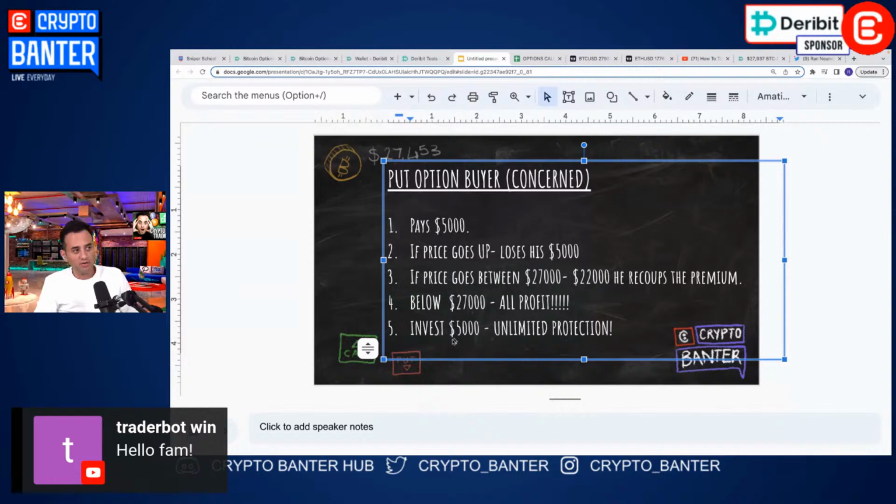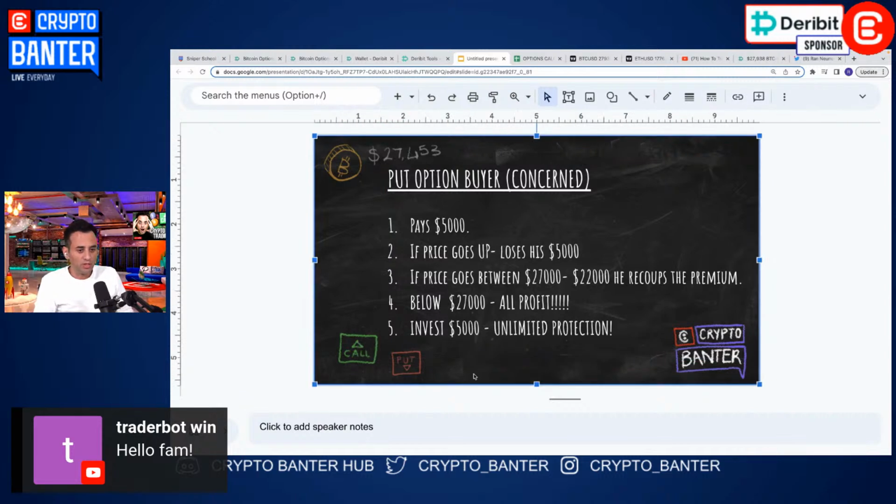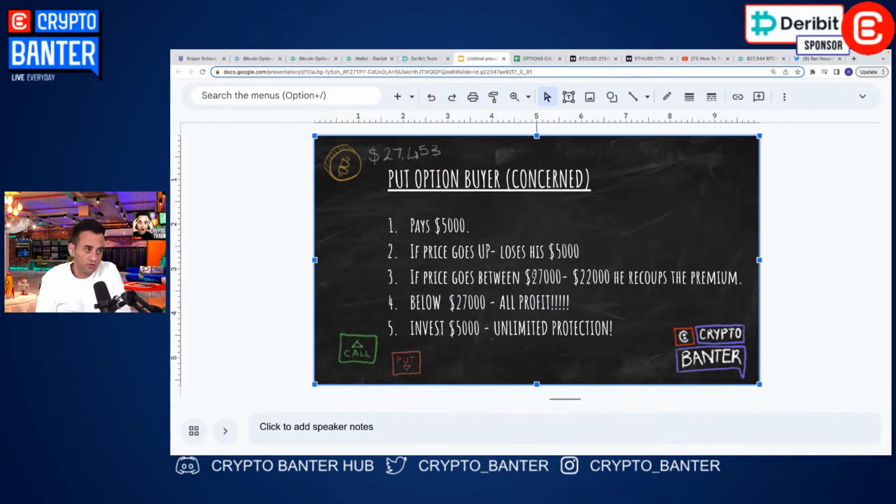So what happened here is, if you invest $5,000, you get unlimited protection. I'll give you an extreme example. If Bitcoin goes to $1 or to zero, and you have bought the right to sell your Bitcoin at $27,000, you've actually saved yourself $27,000 if Bitcoin goes to zero.